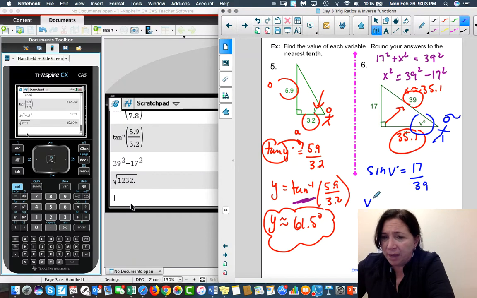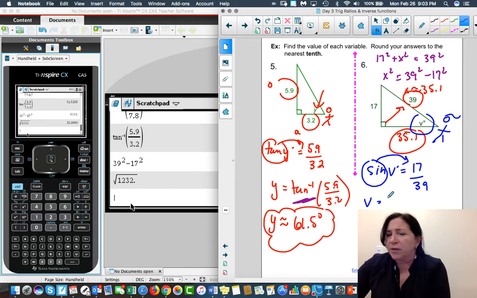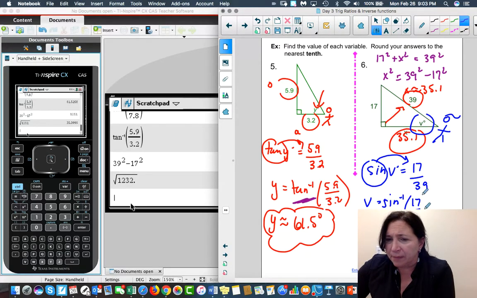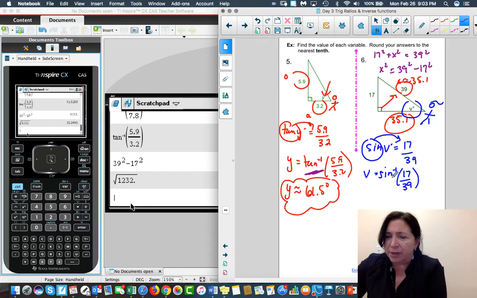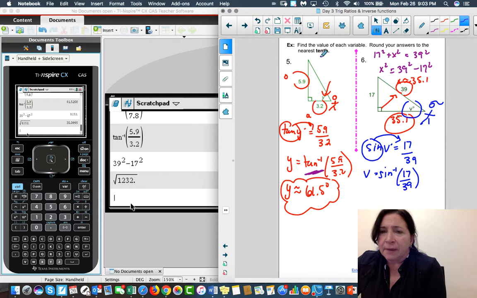We're going to get v by itself, and so we're going to take sine and move it across the equal sign. And I know I keep moving this across. It's an inverse operation, people. Say you had x plus 2 equals 7, and you wanted to take this positive 2 and move it to the other side of the equal sign. To solve, you would subtract 2.